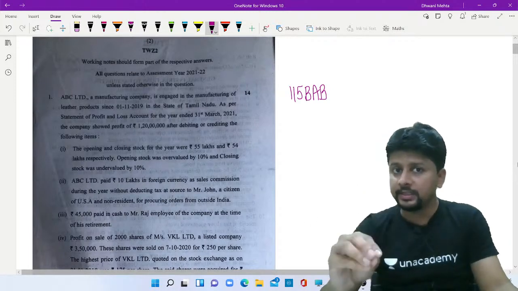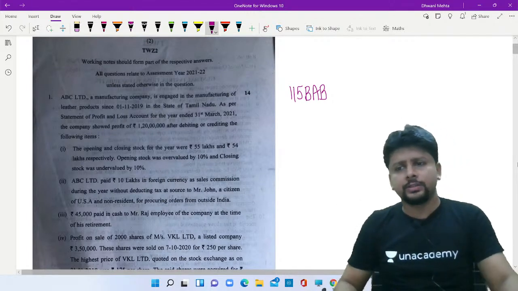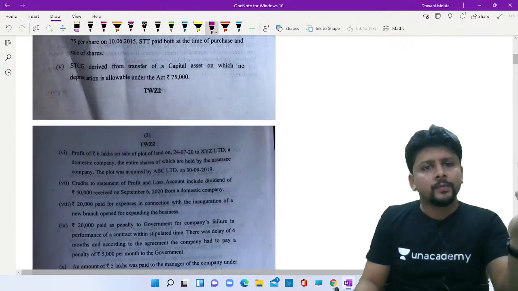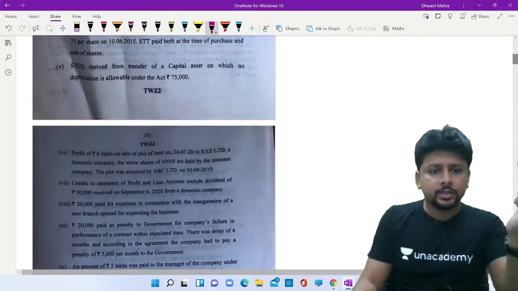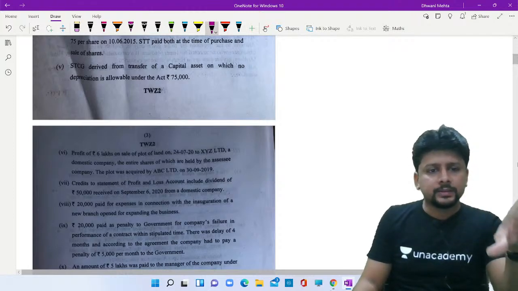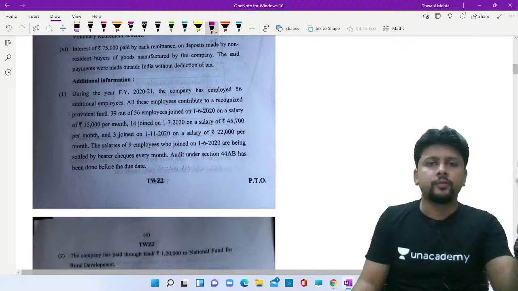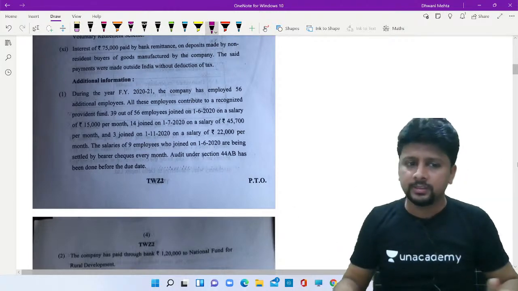Question number 1 had 3 adjustments specifically for capital gains, and very honestly the question was quite standard. Any student who has decently practiced PGBP would have understood, okay, there is one adjustment of chapter 6A deduction, one is from IFOS, and 3-4 adjustments are from PGBP. That is the normal trend of question 1.